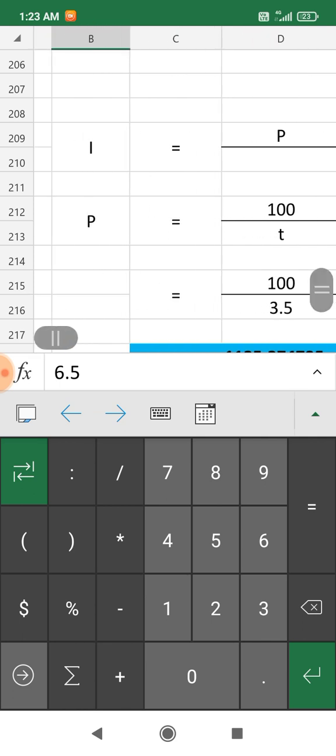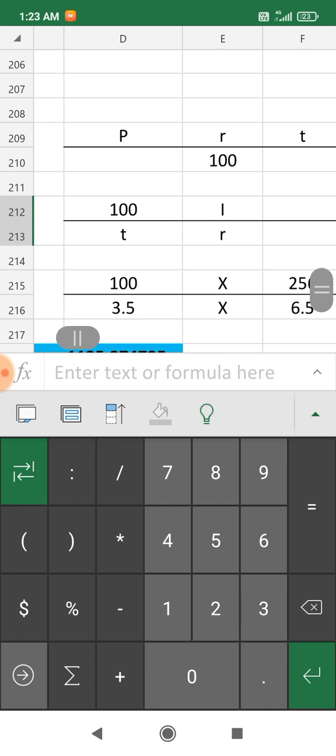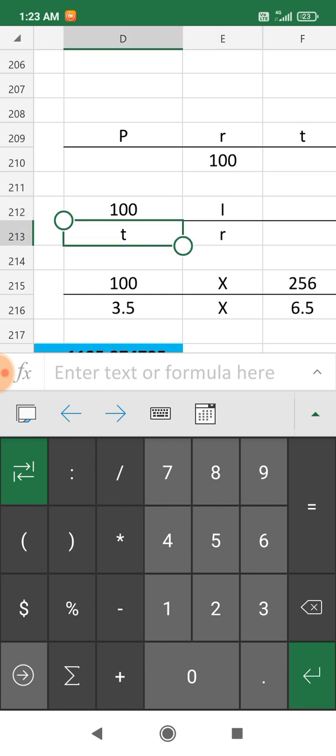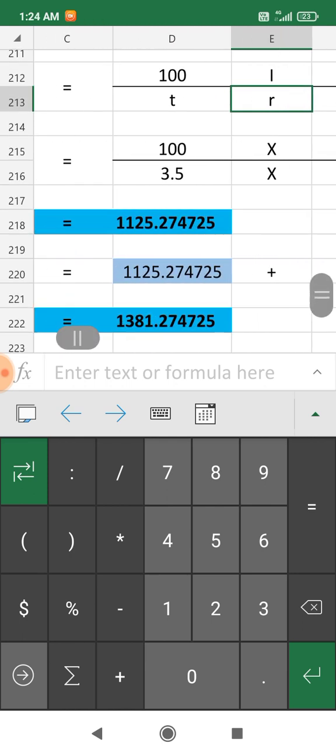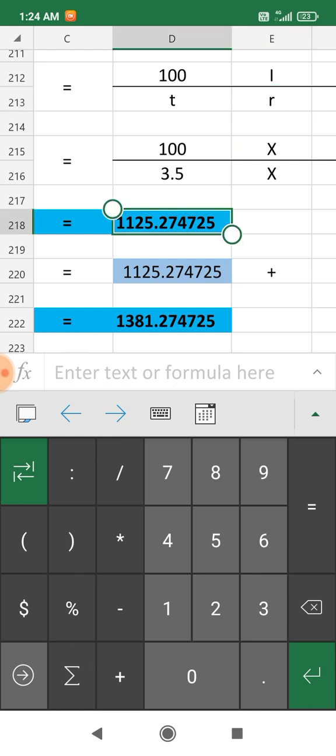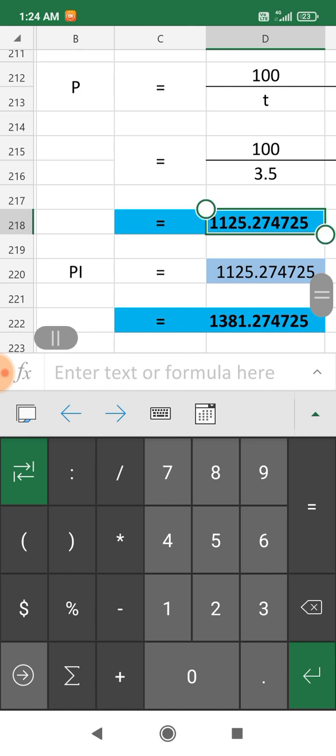Okay. So P equals 100 IT by R. I is known, T is known, R is known. Put this value and multiply, we will get the money. This is the amount of P. So this is the amount we have to invest in that case.